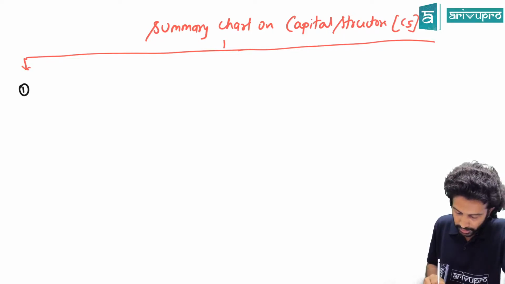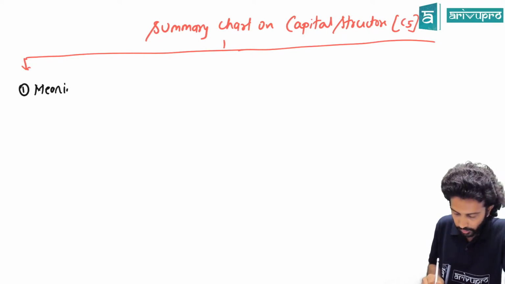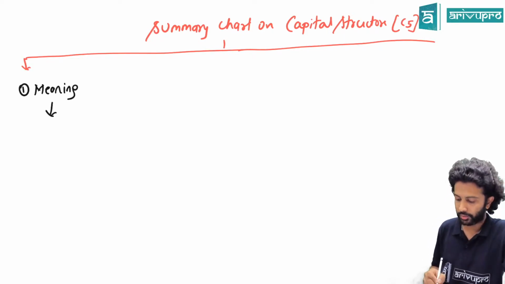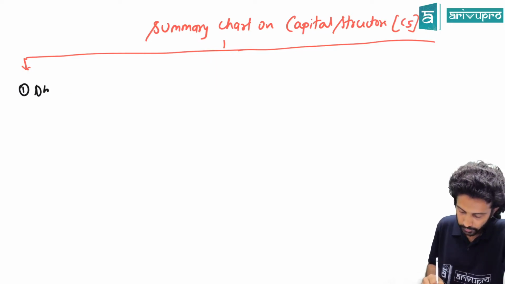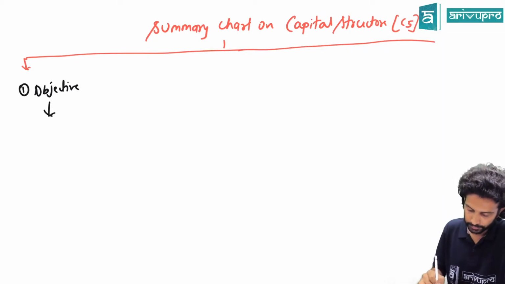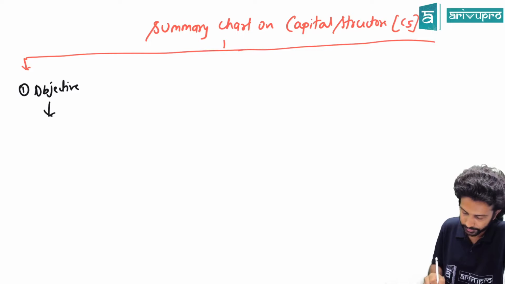First, what is the meaning of this? What is the meaning or objective of capital structure? What are we trying to do in this chapter? All this you know, no?